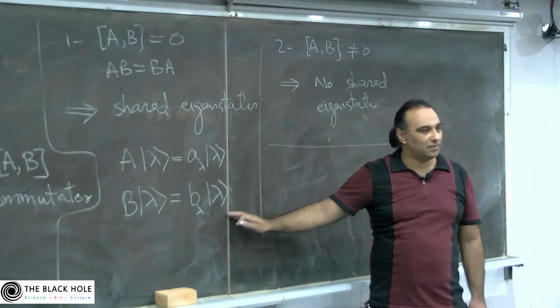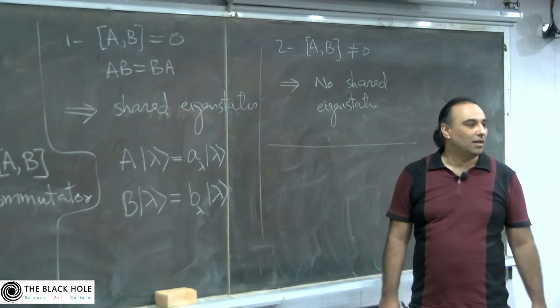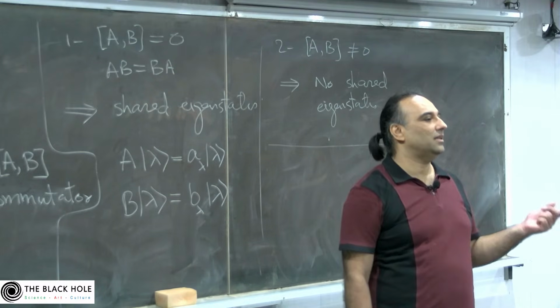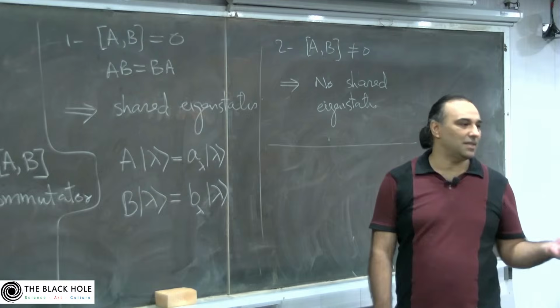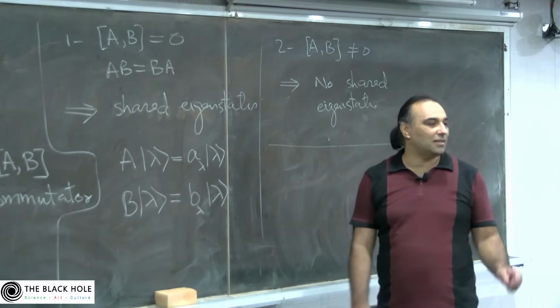Now, when they do have shared eigenstates, then usually, when I was talking about spaces, I told you about degenerate subspaces and degeneracy. So suppose A has a degenerate subspace.